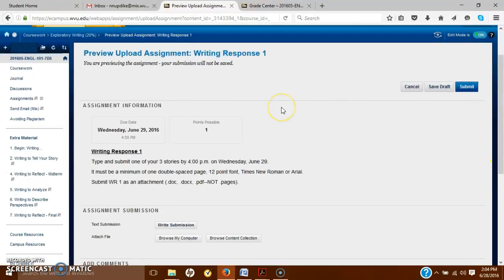Wednesday evening or Thursday morning, depending on how much work I have to do, I will download the entire folder and I will provide some comments on your draft, on your story. So hopefully you'll receive them before your first narrative draft is due on Friday at 11:59 p.m. on eCampus, and then you can employ some of my feedback to help you with your draft.